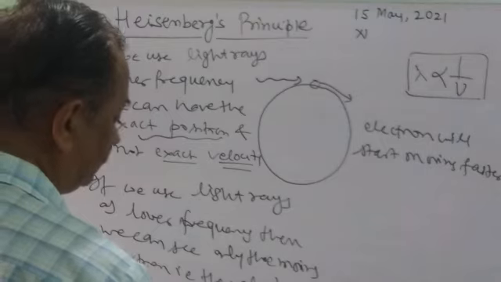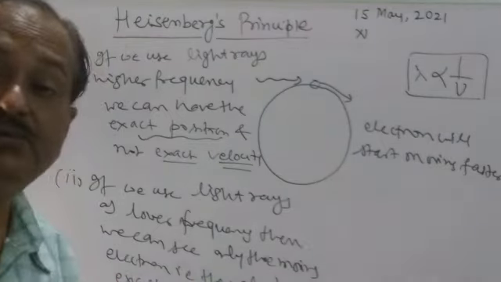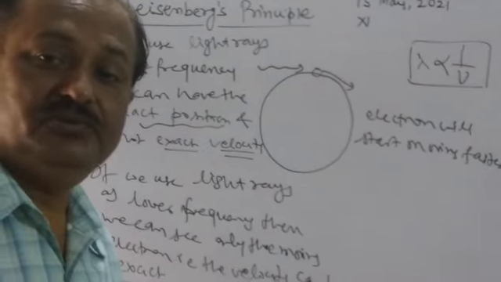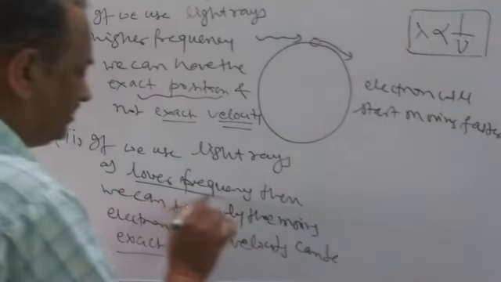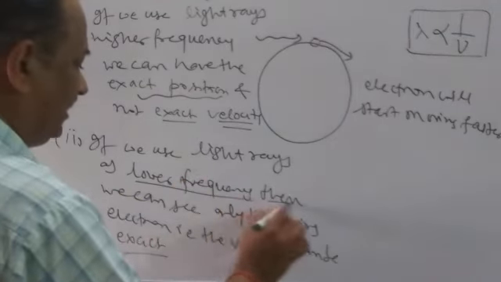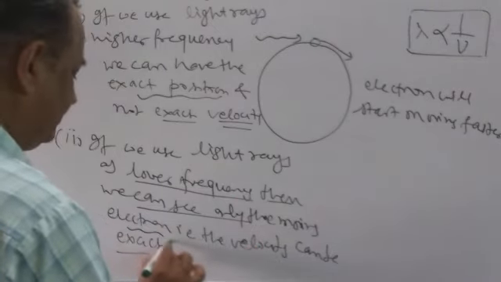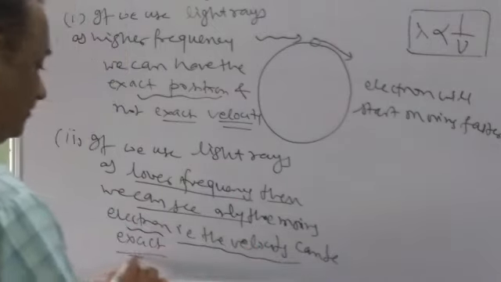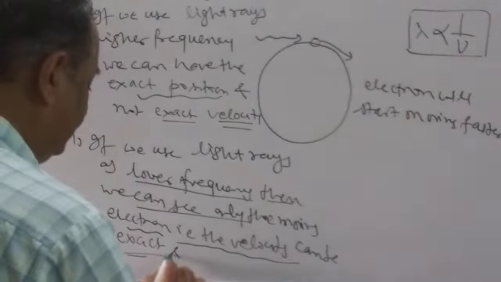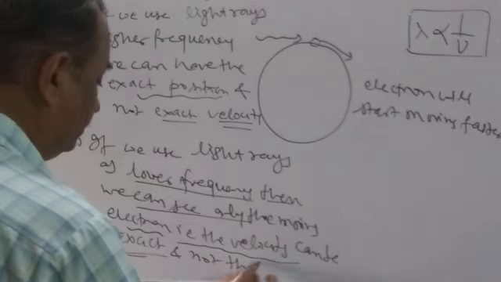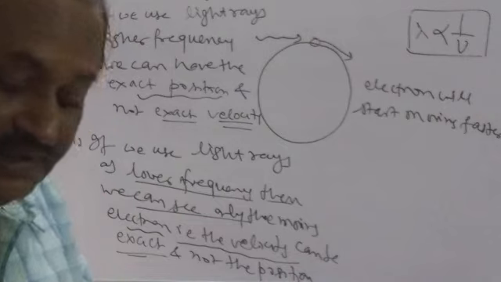Velocity can be exact because we are unable to judge the position. We are unable to judge when the lower frequency, lower energy rays are there, so we can have only the exact velocity of the electron and not the position. So this is there.